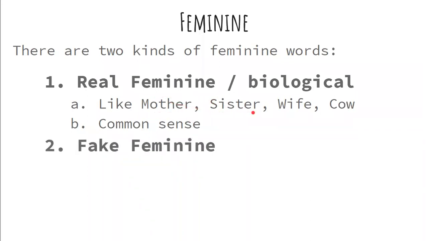Then comes the fake feminine. Fake feminine is actually the items, the things. They are not actually female, but Arabs considered them as female. And I told you in our last class, it also happens in other cultures, like in Urdu, Hindi or Farsi. They treat some words as masculine and some as feminine in their language.